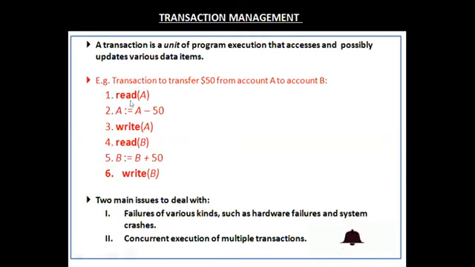So: read A, A equal to A minus 50, write A, read B, B equal to B plus 50, write B. If you miss B equal to B plus 50, is the amount credited to your account B? Obviously not. That leads to an unsuccessful transaction. If you execute these 6 steps, that is a successful transaction.